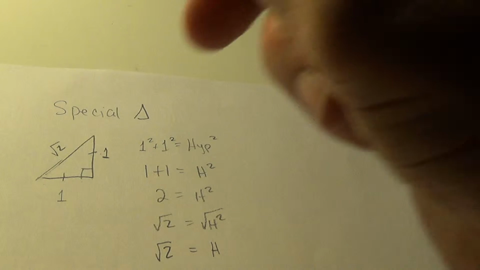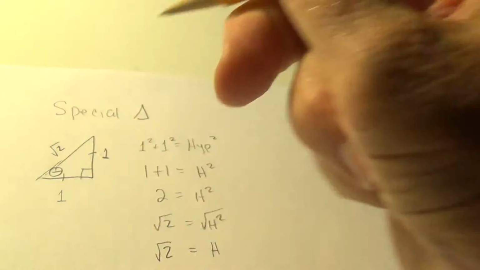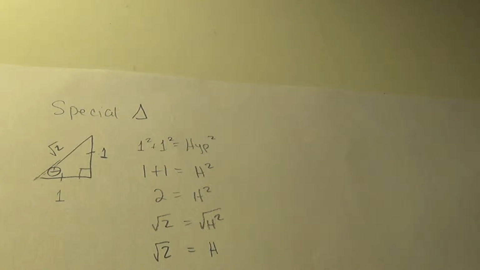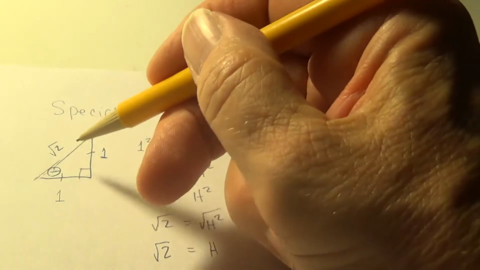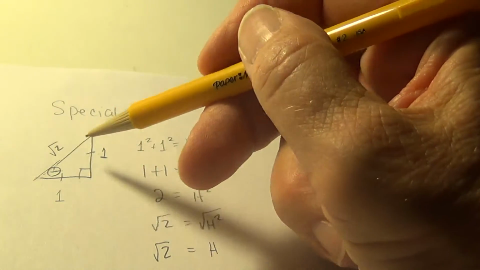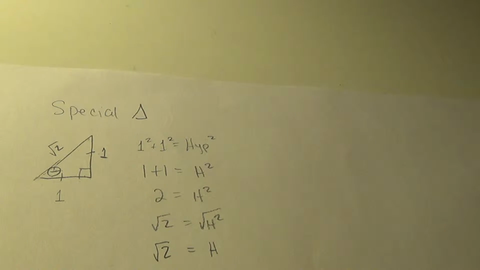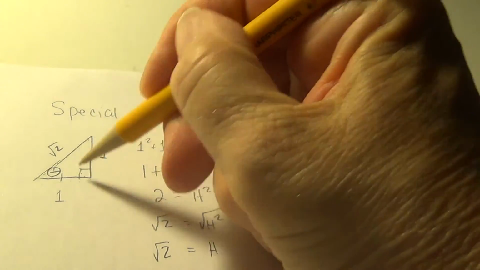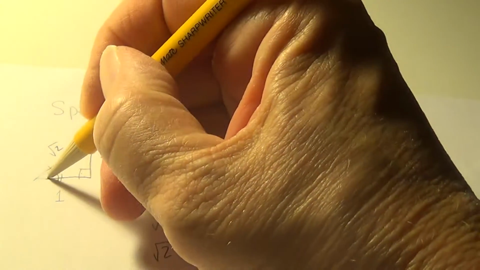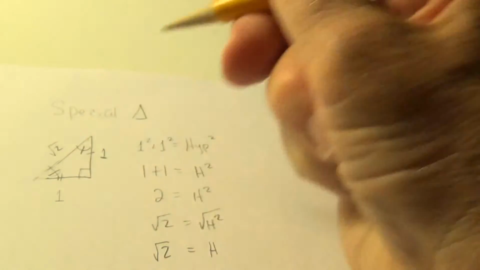So if I take this angle as my angle of reference, we need to actually know what that value is, and we can find it out because we know the angles in any triangle add up to 180, and this is 90, and because these sides are equal, you'll recall from geometry that angles opposite equal sides are also equal.